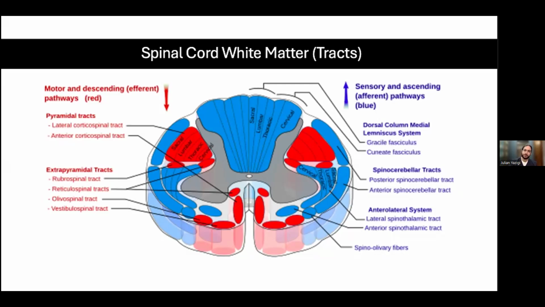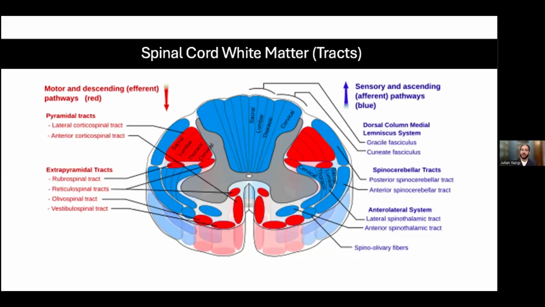lemniscus. The second major ascending system is the anterolateral system, dominated by the spinothalamic tracts. The lateral spinothalamic tract carries pain and temperature sensations, while the anterior or ventral spinothalamic tract conveys crude touch and pressure. Unlike the dorsal columns, these fibers decussate within the spinal cord, usually 1 or 2 levels above their entry point, through Lissauer's tract.